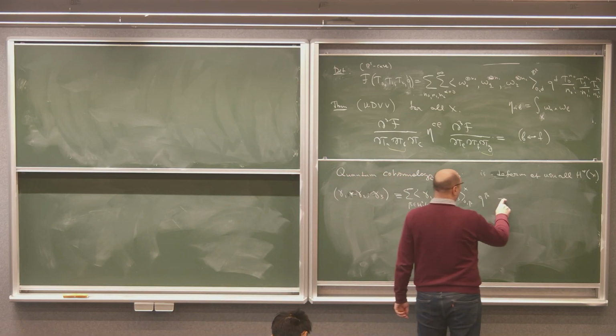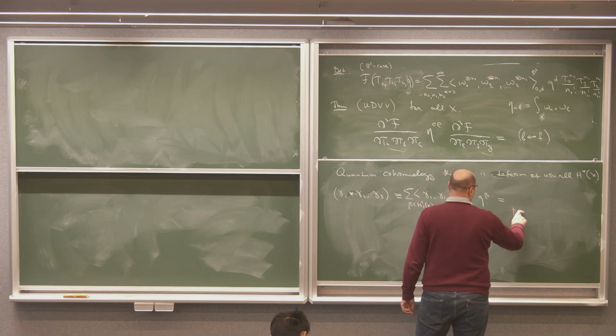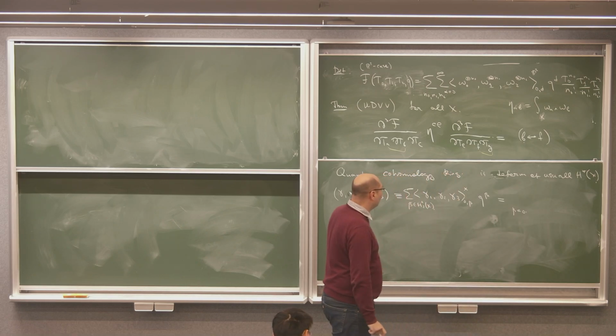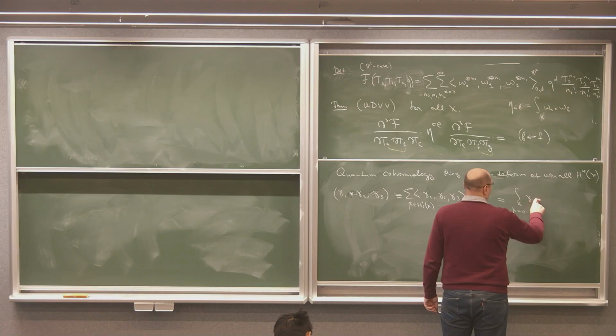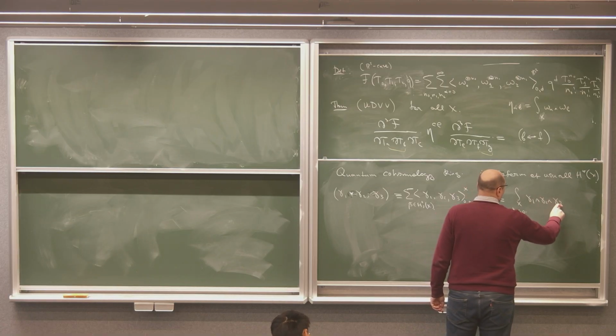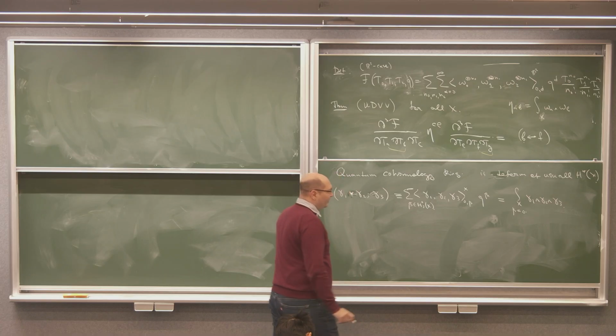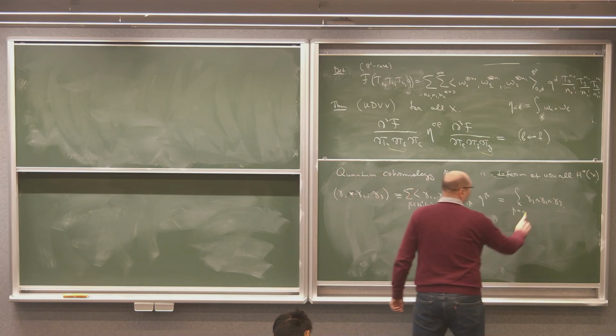And in particular, in this sum we have the beta equal to 0 term, and the beta equal to 0 term is just the usual integral.